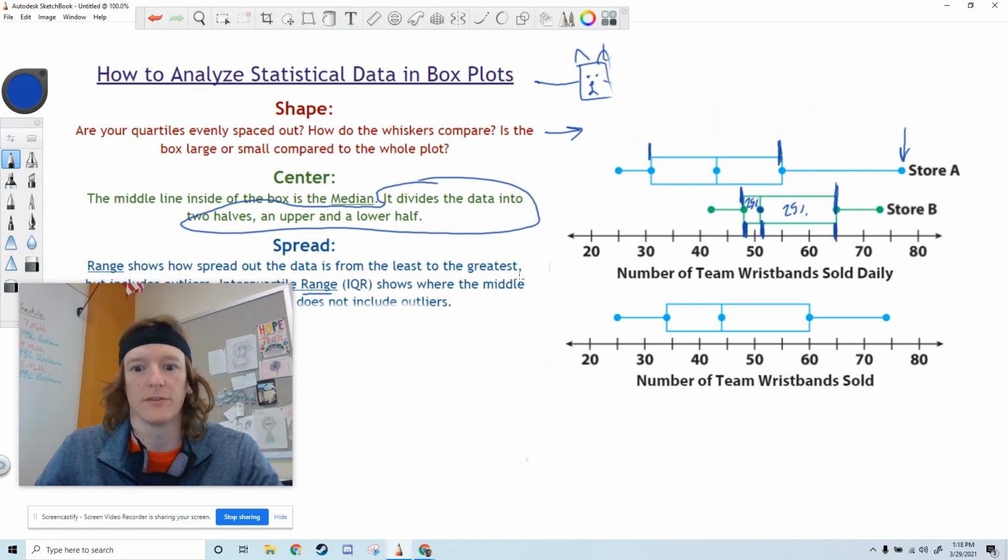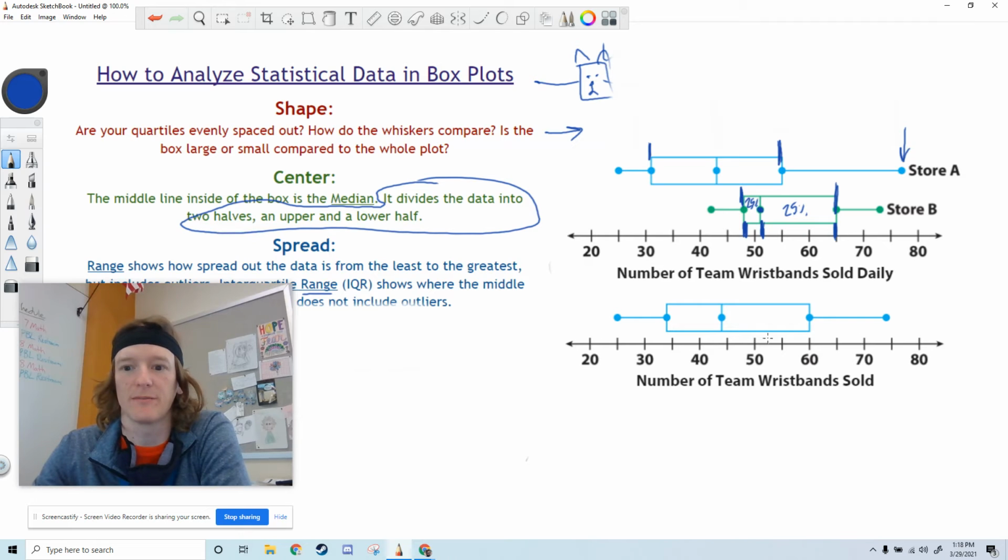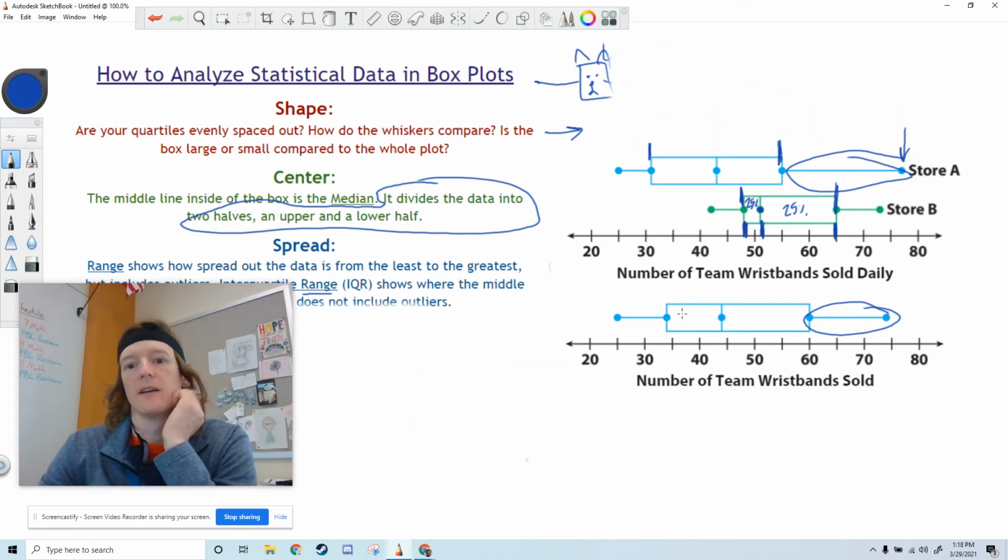All right, so now if we look at this one, it's not perfect, but this one is a lot more similar to store A. The medians are very close together. The upper whisker is smaller. Our middle 50%, our interquartile range, is about the same, it kind of looks like. It's just kind of shifted over to the left a little bit to get to A.